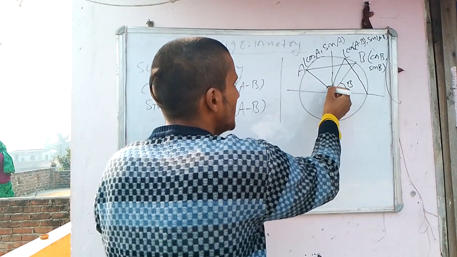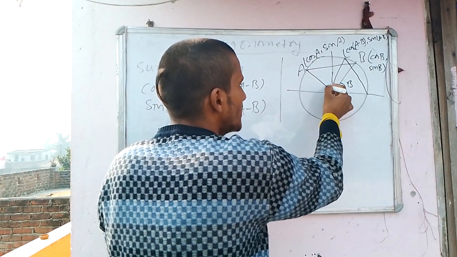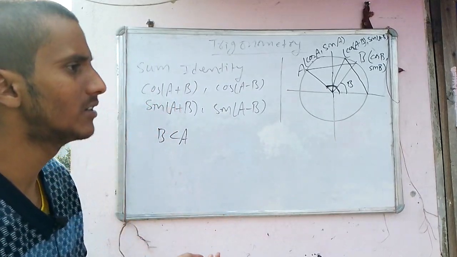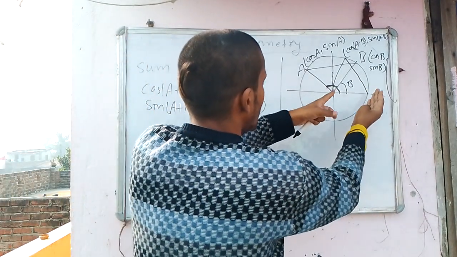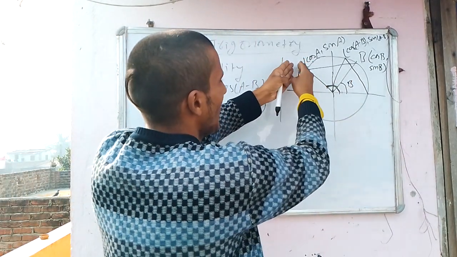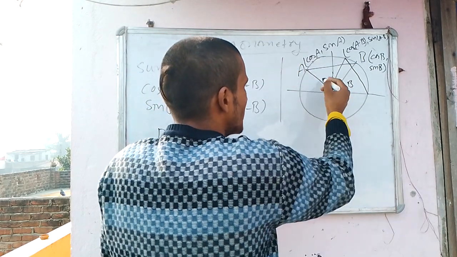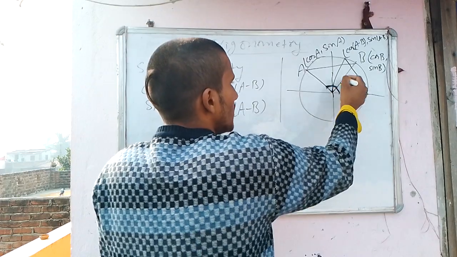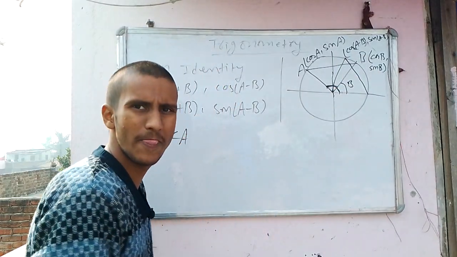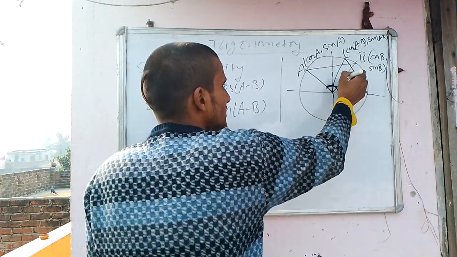So what I'm saying is this thing. This is what here? A minus b. Why is it a minus b? Because through math, from here to there it is a, and from here to there it is b. So for sure this is going to be a minus b. Does that make sense?